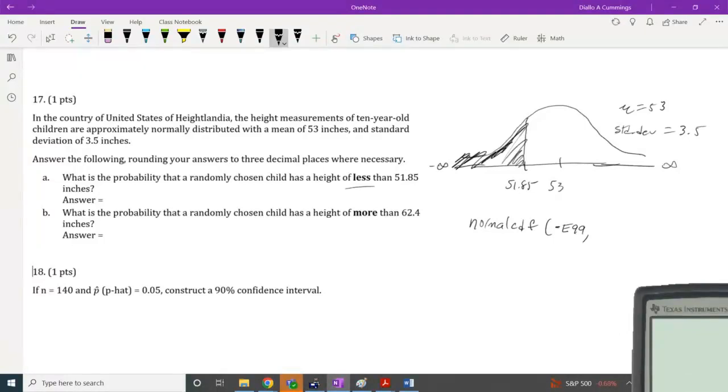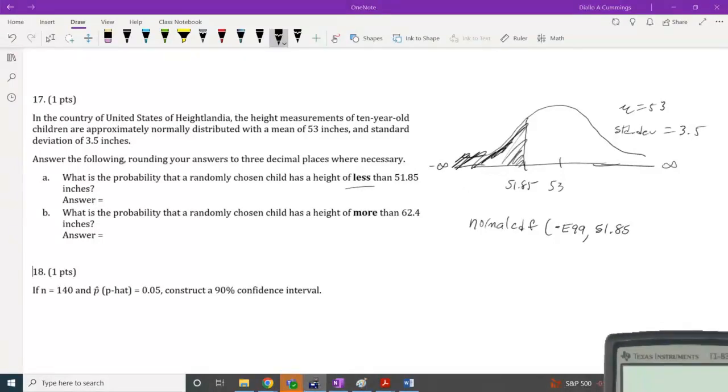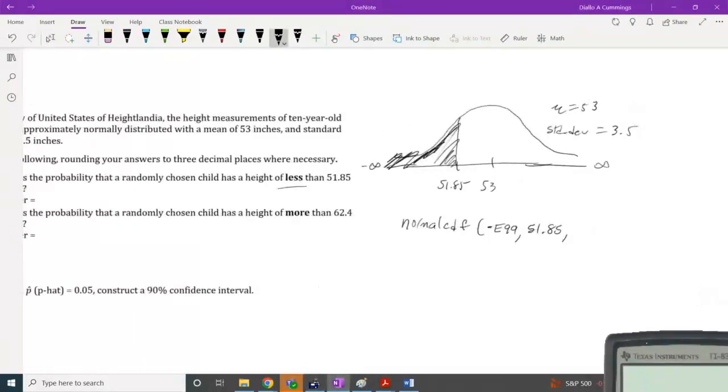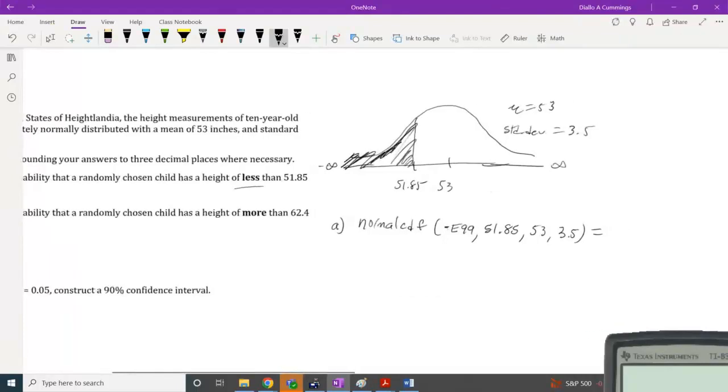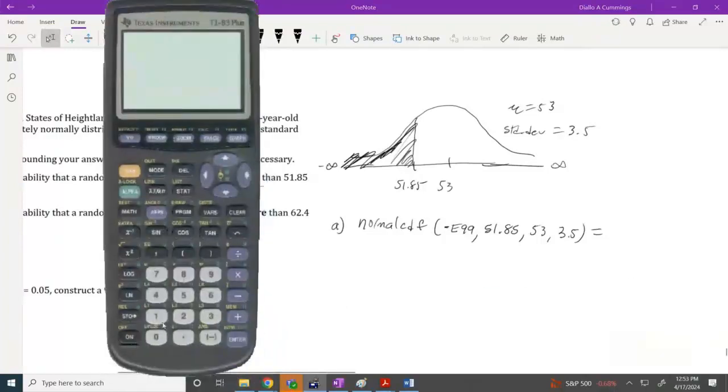I'm going to put in the upper limit, which is 51.85. I'm going to put in the mean, which is 53, and the standard deviation of 3.5. So this would give us the area for that probability.